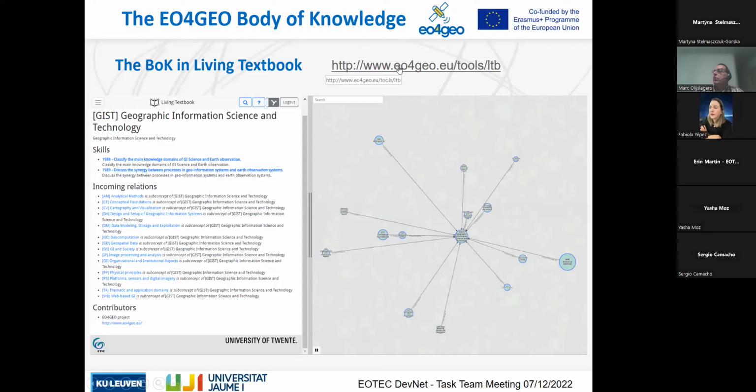In the Living Textbook, you can browse through the body of knowledge by following links, clicking nodes, or following the links here. You see that all that was mentioned before is shown here. This is just a short definition, but it also has the skills linked. These relations connect you to other concepts in the body of knowledge. And then there's also some metadata there.